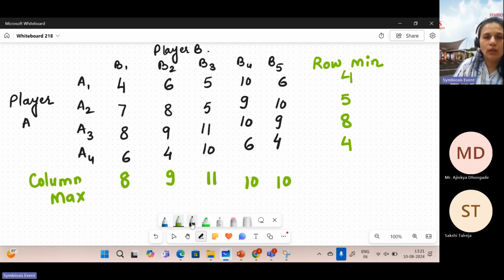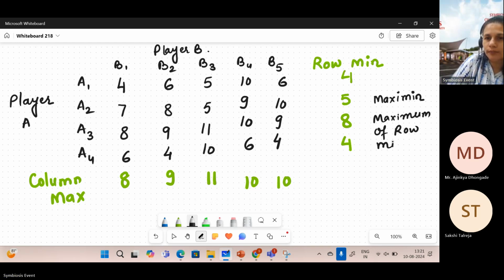Right? Then among these row minimas, find the maximum. We call that maximin. Maximum of your row minima. So I have row minimums as 4, 5, 8, and 4. So what is my maximum? Maximum is this 8. Am I right? Similarly, here I'm going to have minimax.